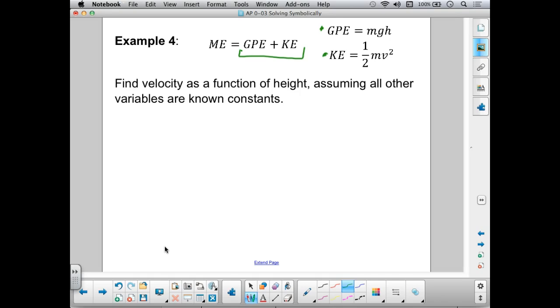Gravitational potential energy is mass times g, where little g is 9.8 meters per second squared, the acceleration due to gravity, and h, the height. And kinetic energy is 1/2 mv squared, the mass times the velocity squared. Your task: find velocity as a function of height, assuming all other variables are known constants. Ready, set, go.